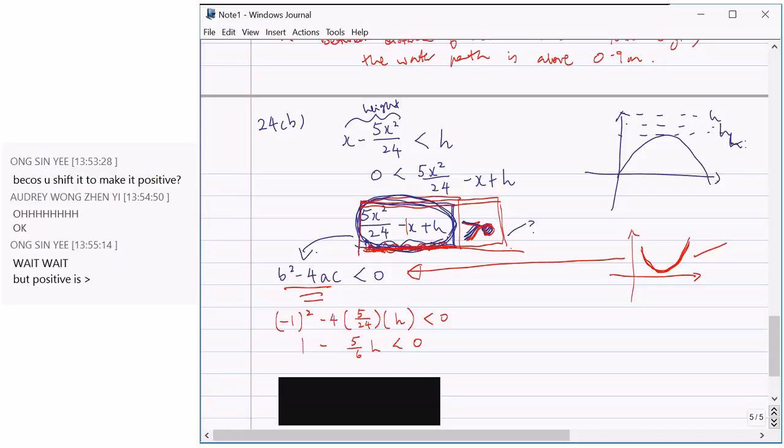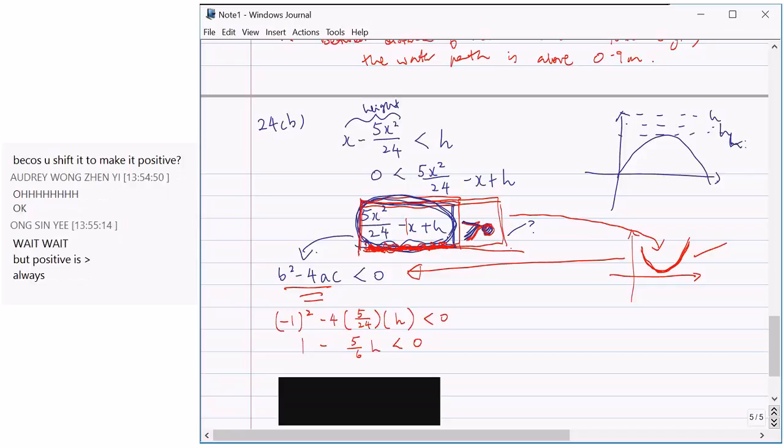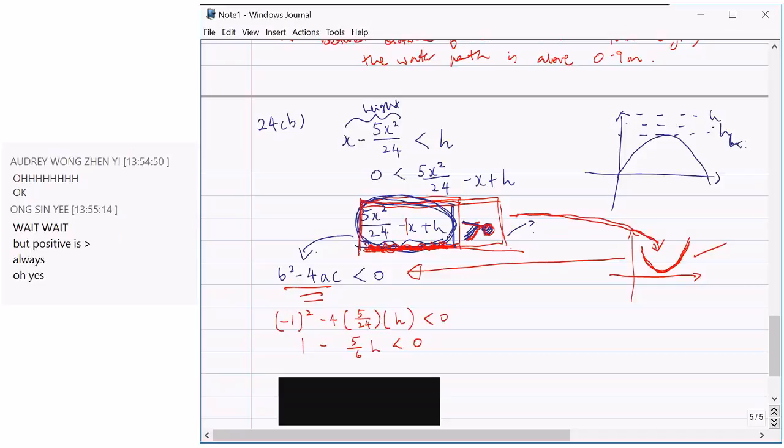Yes, Xingyi, go back, go back. I want the smiling curve, look at here, the left hand side, to be always positive. Xingyi, do you agree with me? For this to happen, the smiling curve must look like this. And for the smiling curve to look like this, does it have any real roots?